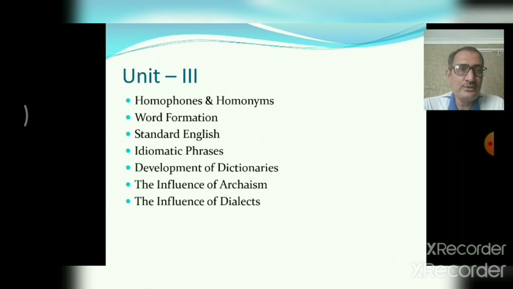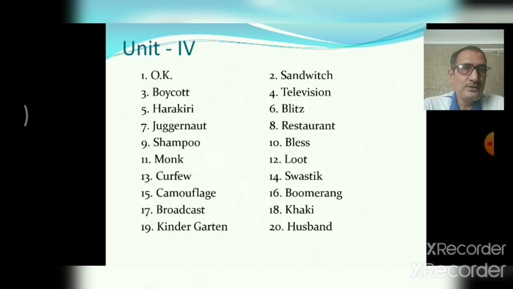Then the last unit deals with etymology of certain words. Now, what is etymology? There are thousands of words we use in our day-to-day life, but we do not know where these words belong to originally. If you see on the list, you will find a number of familiar words.